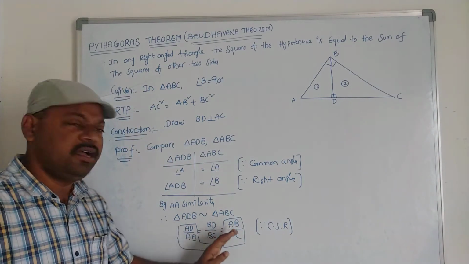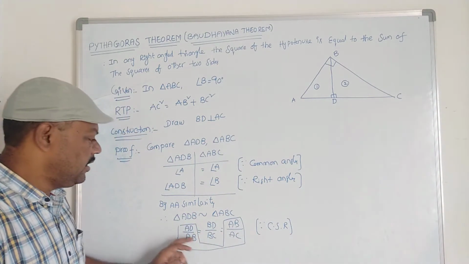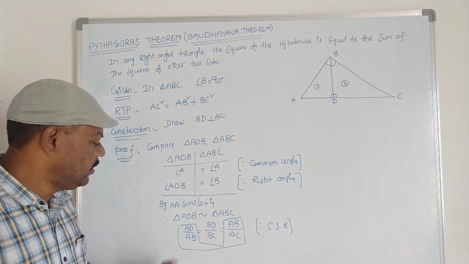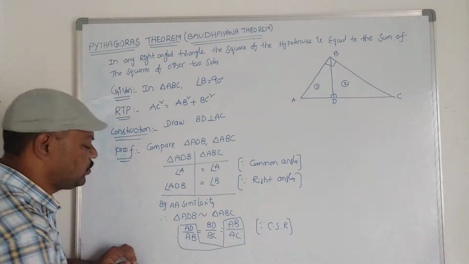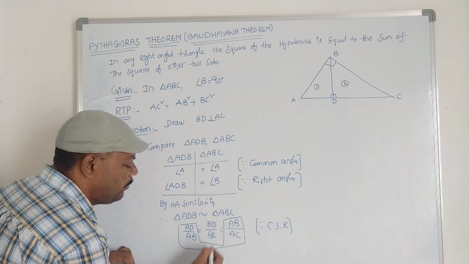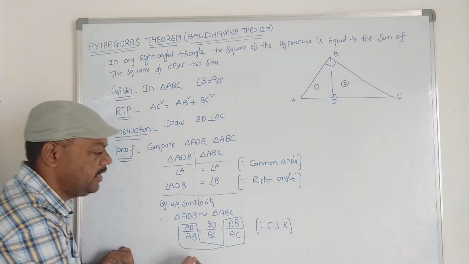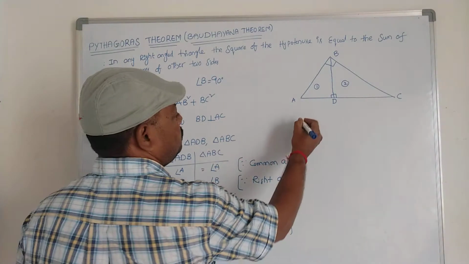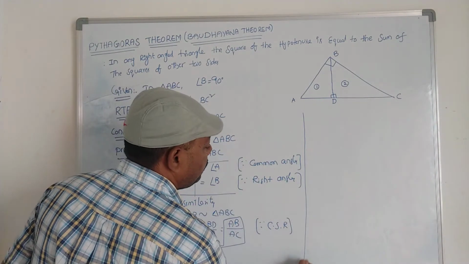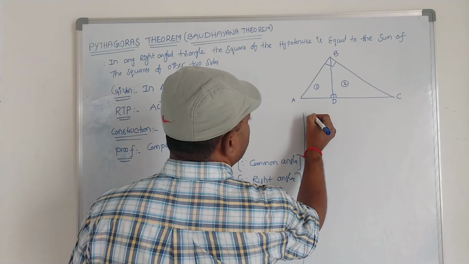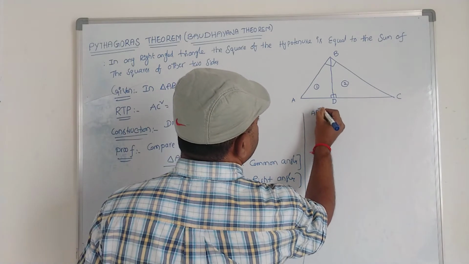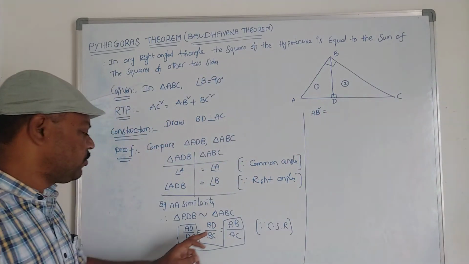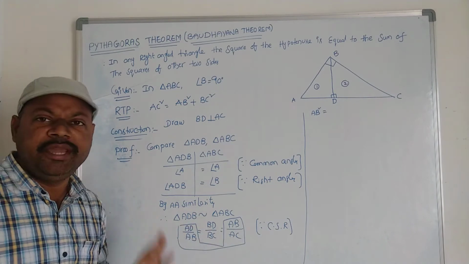Just select the ratios and do the cross multiplication. AB into AB means AB square, equals AD into AC.